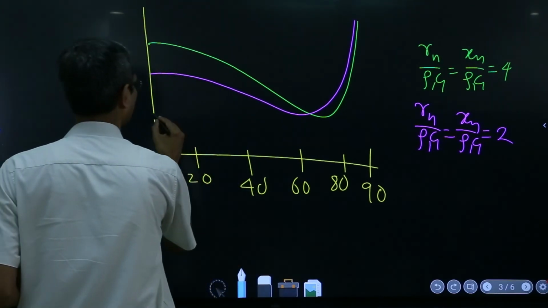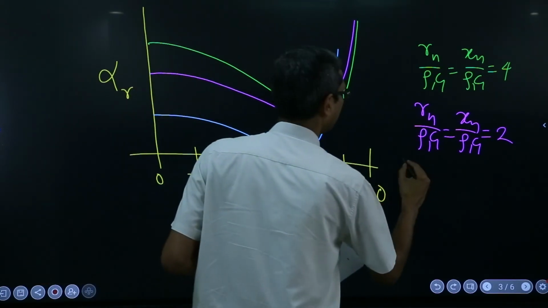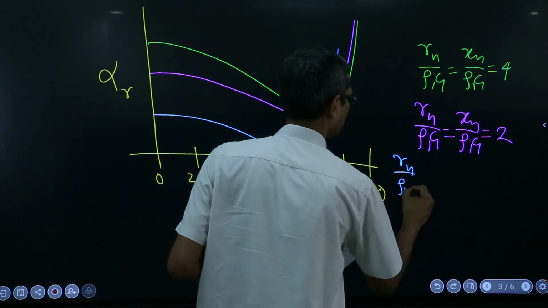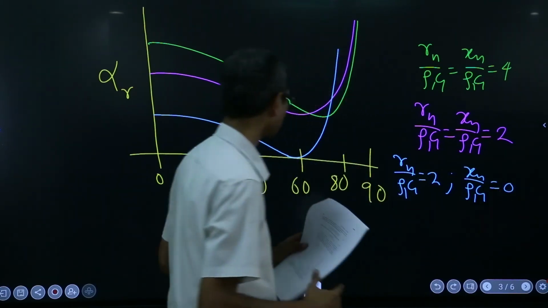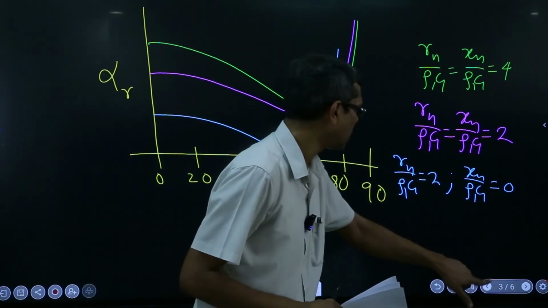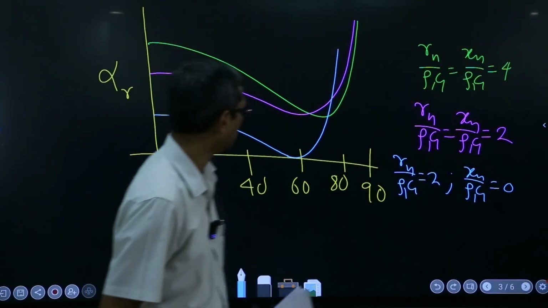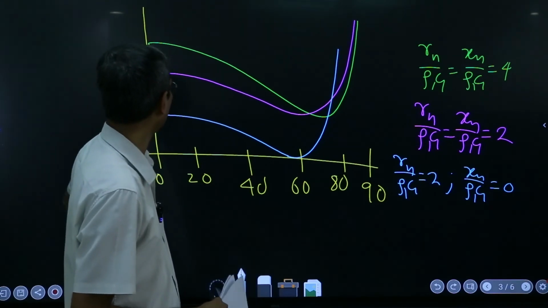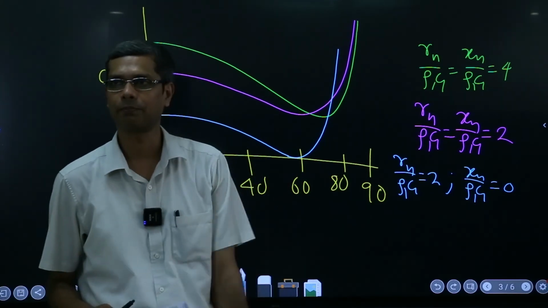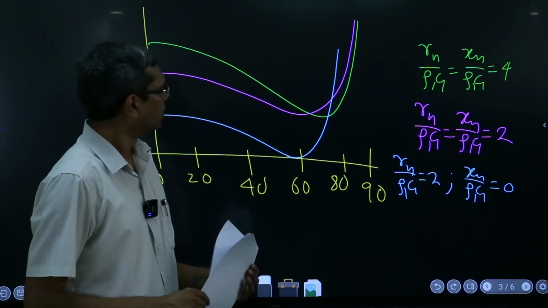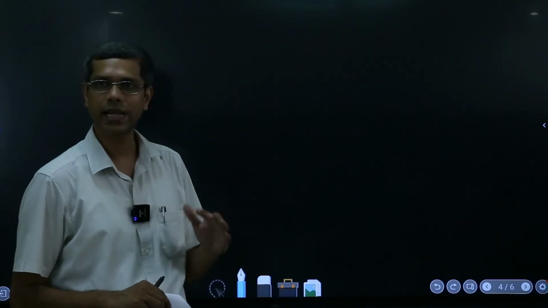So, that will be something like this, and it goes like that, and here Rn over rho 1 C1 is equal to 2, but Xn over rho 1 C1 is 0, because once at the minimum, if this term is also 0, so it will be 0, fine. So, that is what you will get, the reflection coefficient as function of incident angle. Okay. So, and so then this was all about the locally reacting solids.